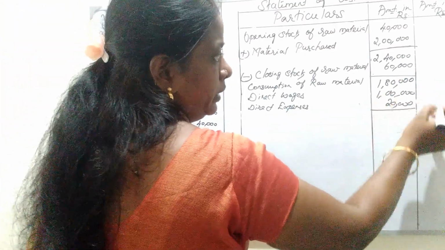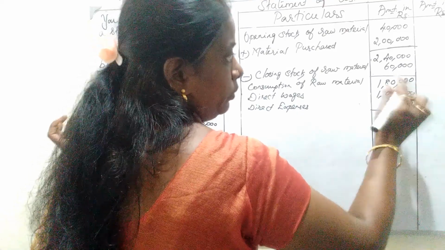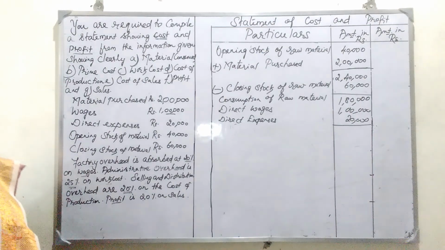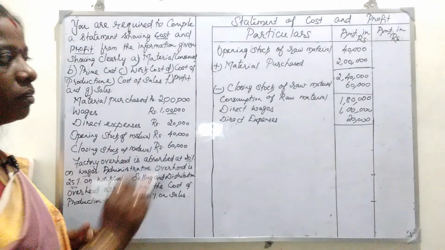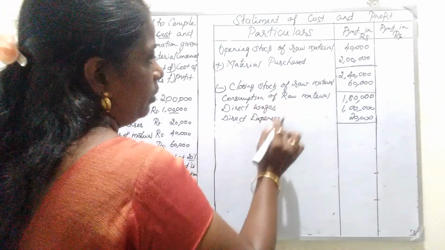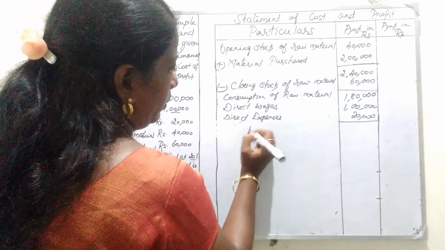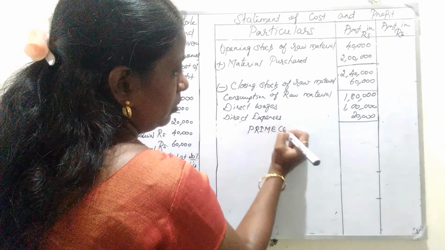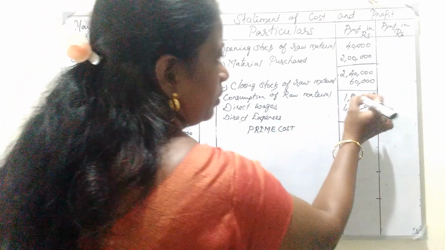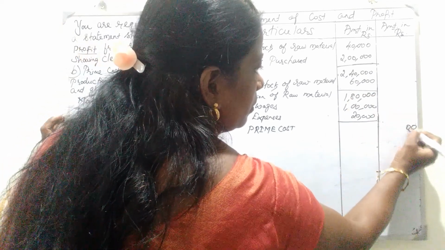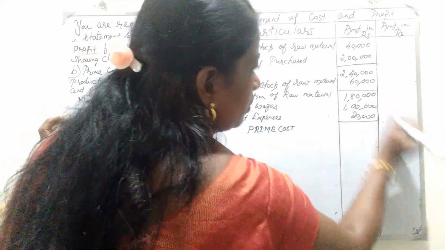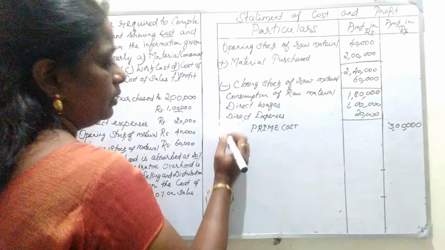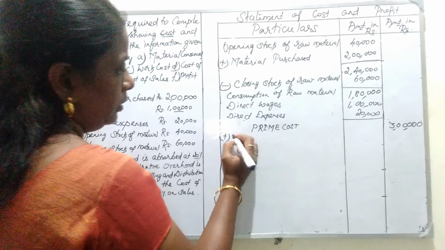You should mention the total amount here, that is prime cost. The total of these three is called prime cost. That is 3 lakhs.